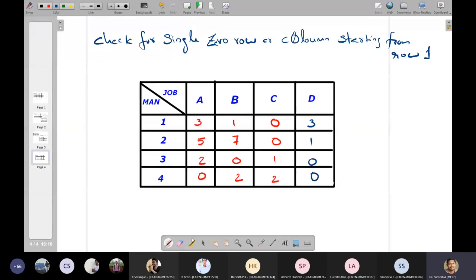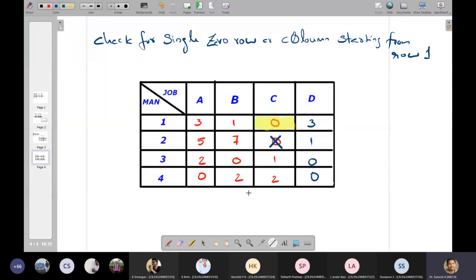Yes, sir. Yes, the first row has a single zero. So no doubt I have to select that first row. Now when I select that, this zero has to be masked.